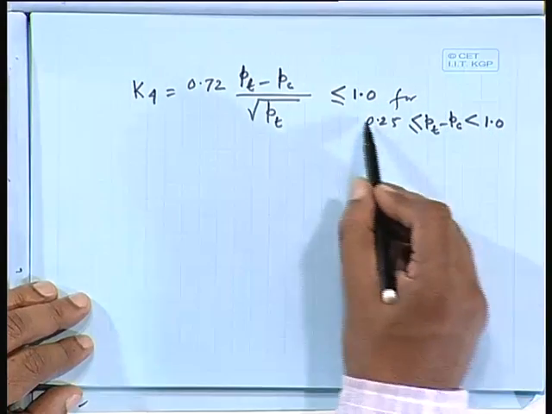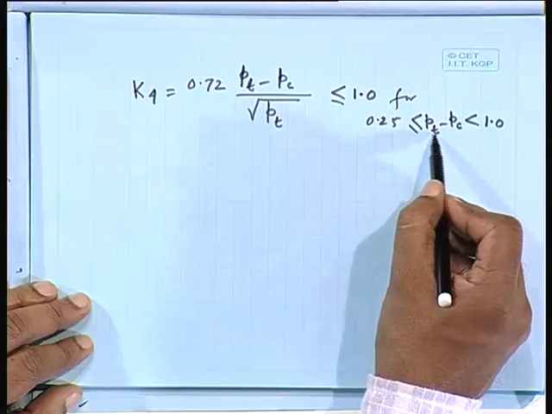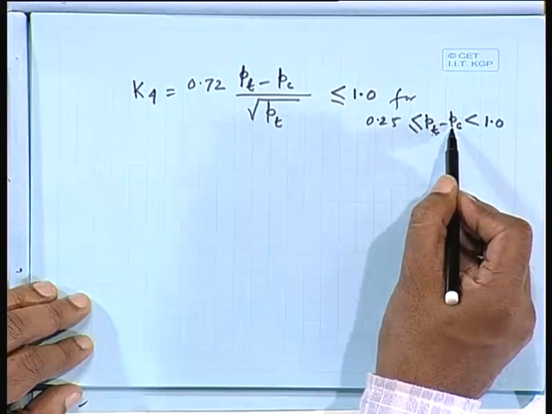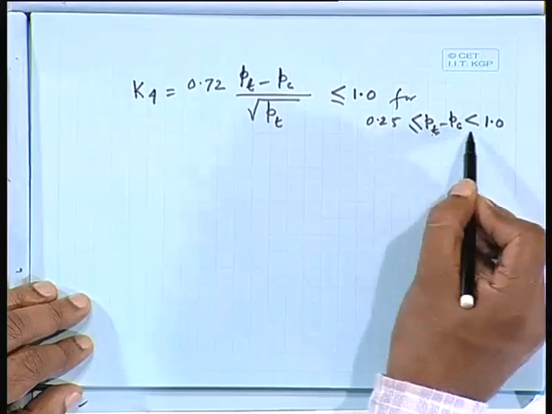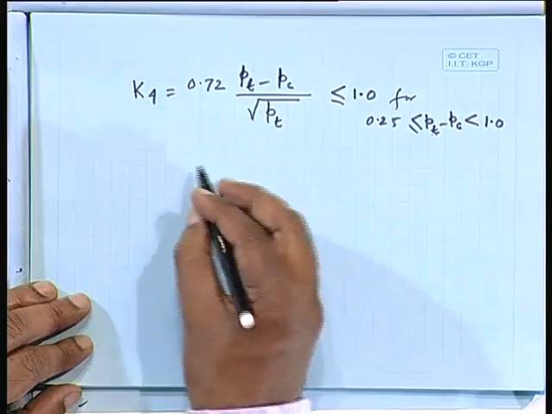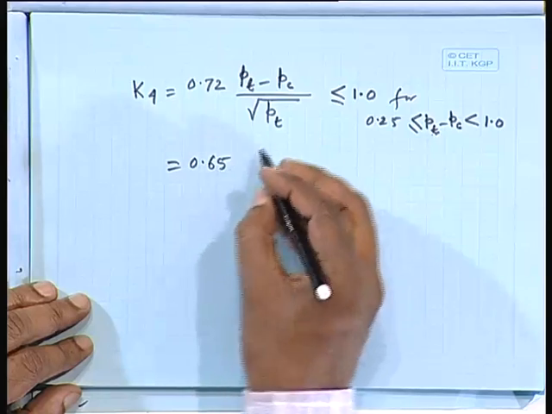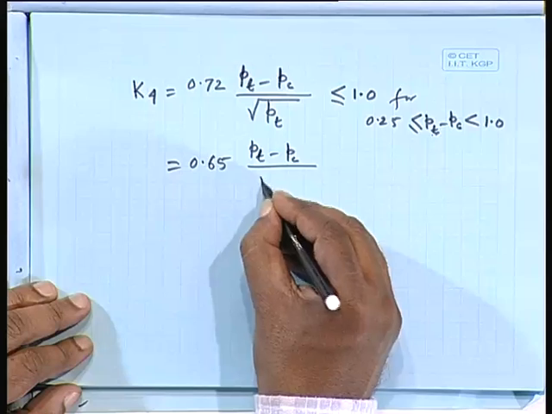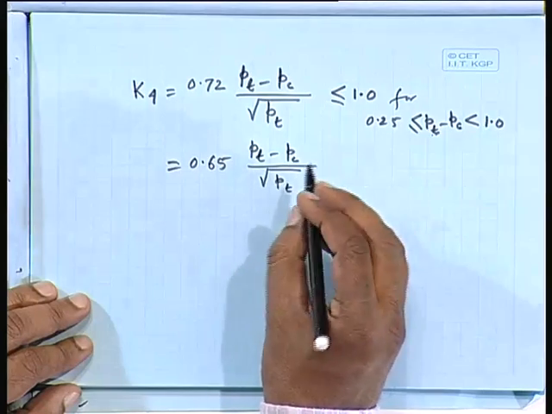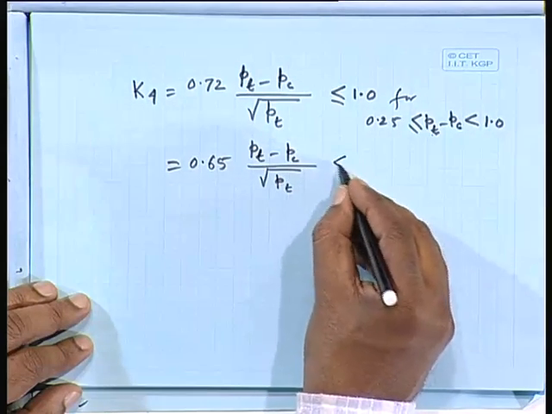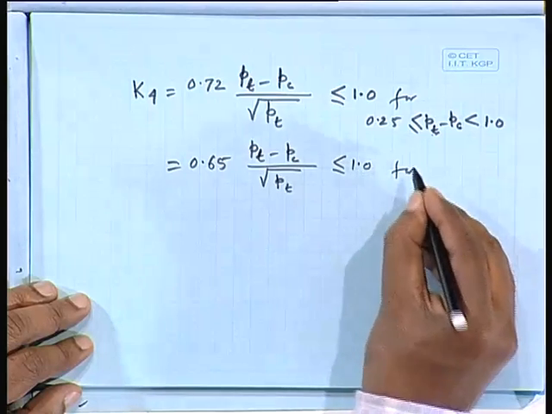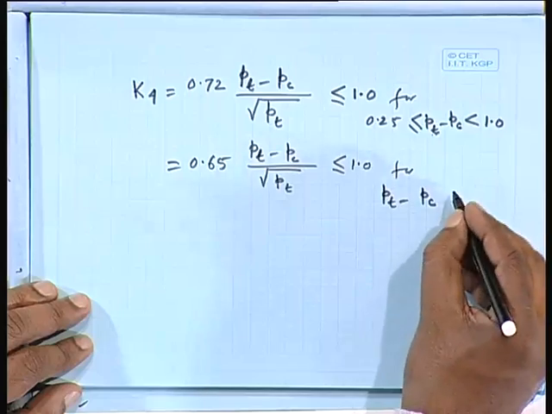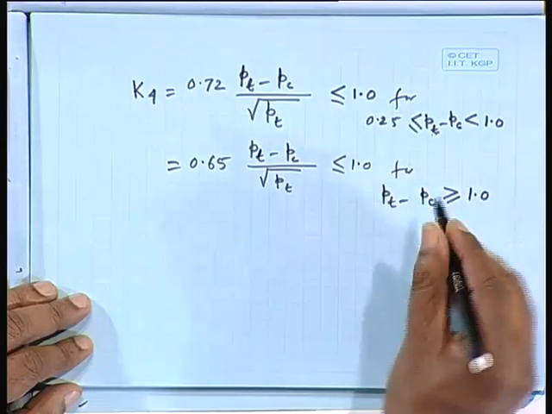If this is the case, that means we shall use this formula if the difference of the tensile steel and compression steel percentage comes within this range. Otherwise, we shall use the separate formula, that means the value changes here, and again it should be less than or equal to 1.0 for PT minus PC greater than or equal to 1.0.